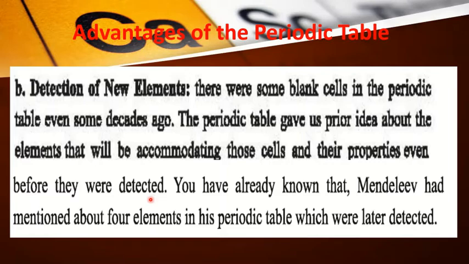We know the property of one element of this group, so we know the properties of the elements which were not detected then. The properties of such an element are the same as the properties of other elements of this group. You have already known that Mendeleev had mentioned 4 elements in his periodic table which were later detected.